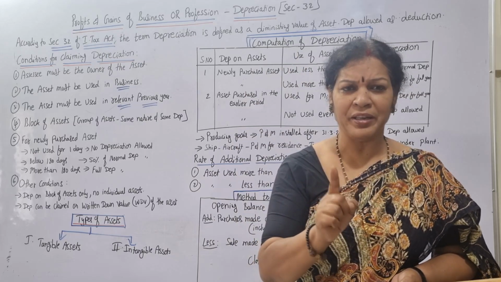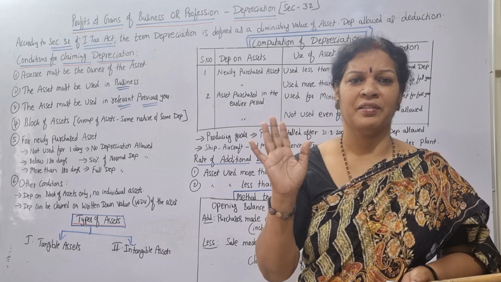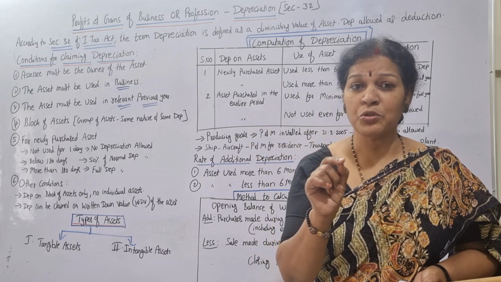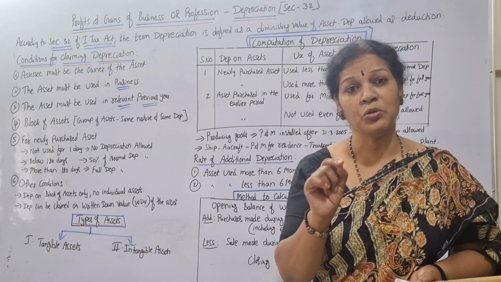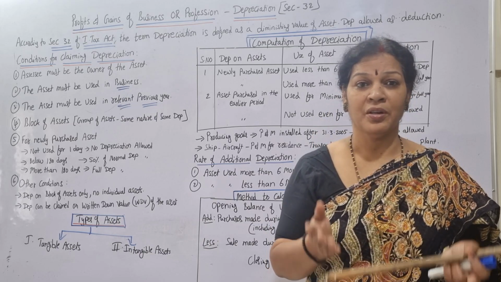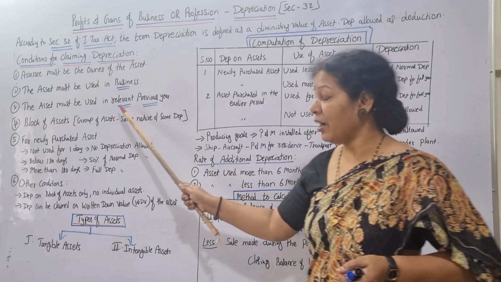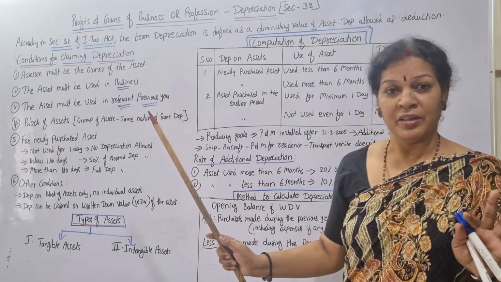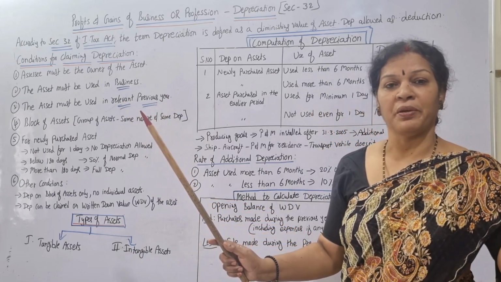We take only the previous year. Even if it is used for 1 day or 2 days, you are eligible to claim depreciation. Anyhow, remember it must be for the relevant previous year.